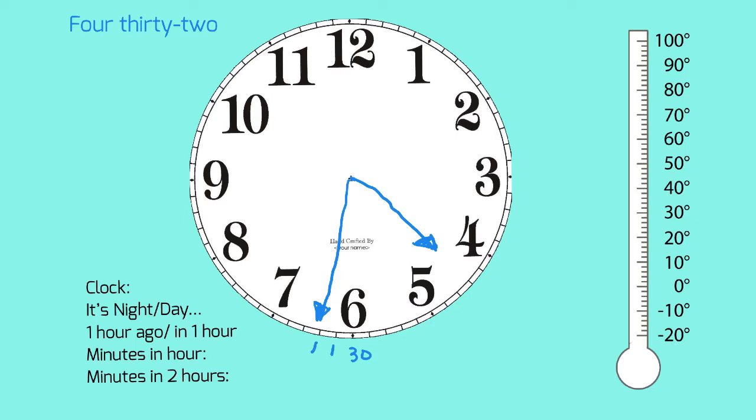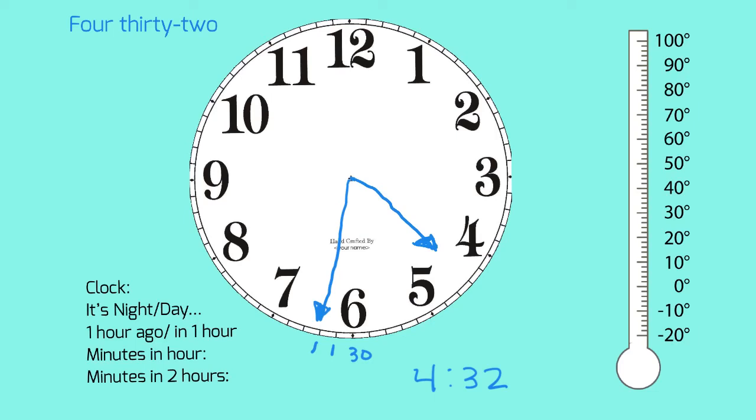So that shows 4:32. And if we were going to write that in digital time, we would write 4:32. All right. Everyone, if I said it was 4:32 in the afternoon, what time would it be?